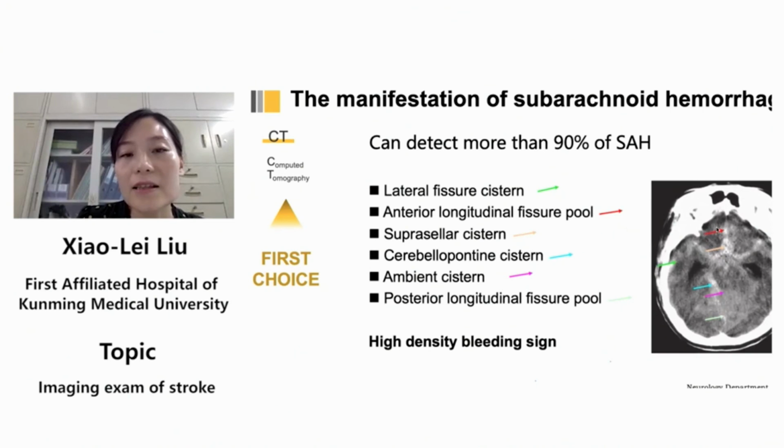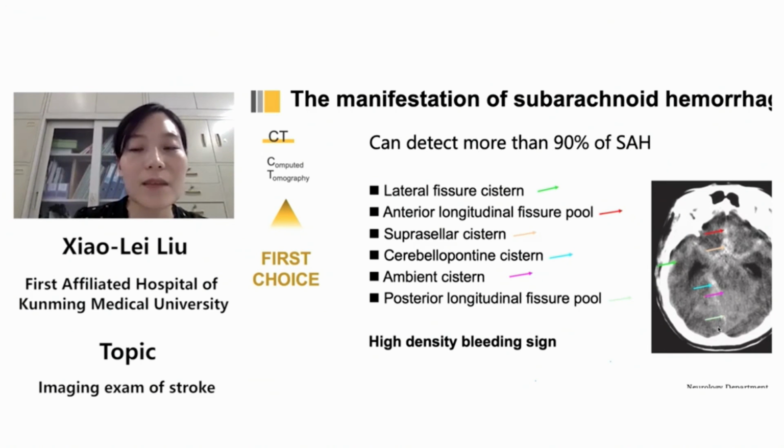This is the anterior longitudinal fissure cistern, and here is the suprasellar cistern, and here is the lateral fissure cistern, and here is the cerebellopontine cistern, and here is the ambient cistern, and this is the posterior longitudinal fissure cistern here in the green one.